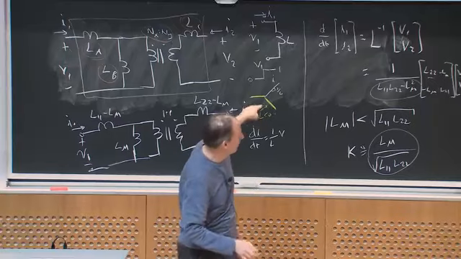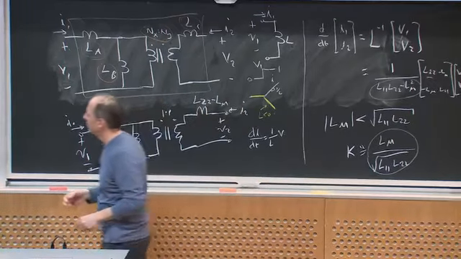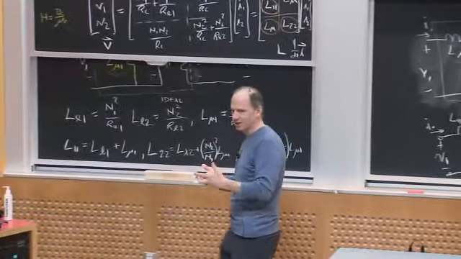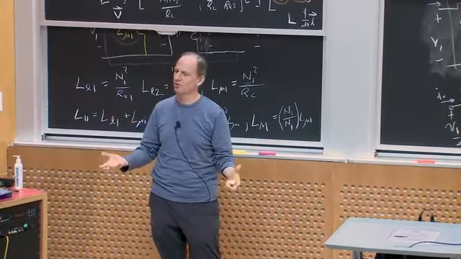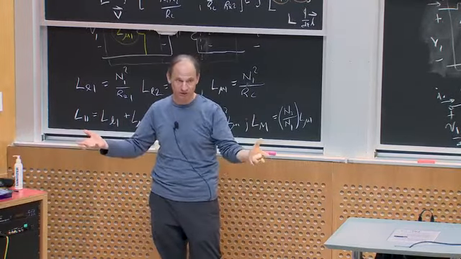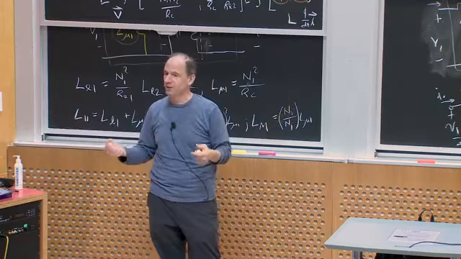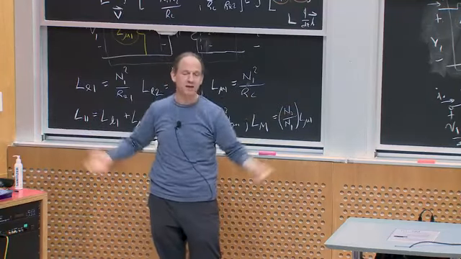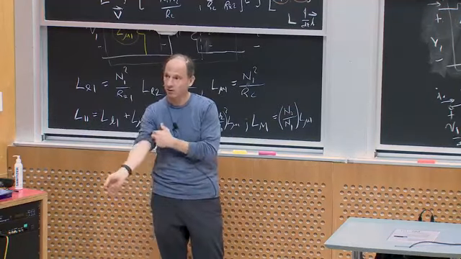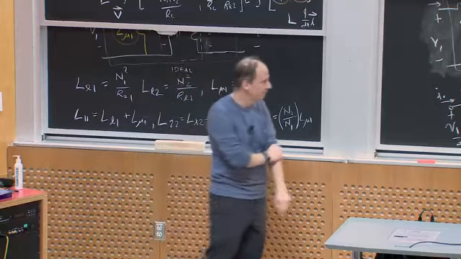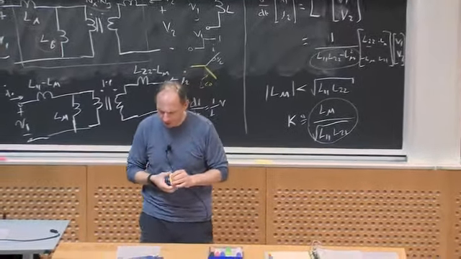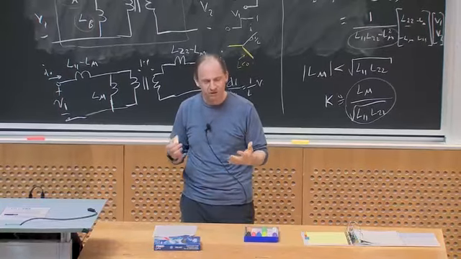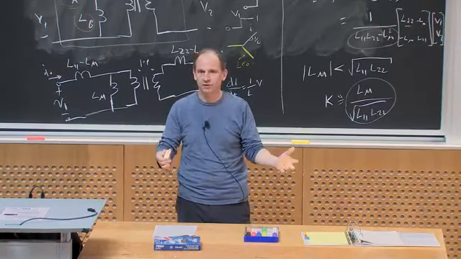Let's start to expand upon this, right? We started with an inductor, which is basically a one-terminal device, a one-port device. Then we did a basic transformer, which is a 2-port device. But we're not really limited to only 2 ports. We can have as many ports as we want, and as we'll see, we often do. Okay? So let's think about what might happen if I have more ports.